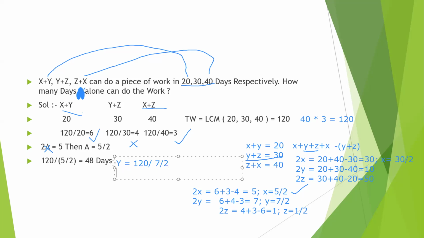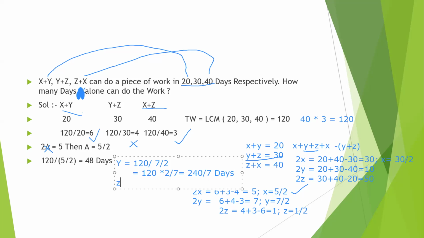Therefore, we can get 120 into 2 divided by 7, that equal to 240 divided by 7 days. This is how long y can do the work.